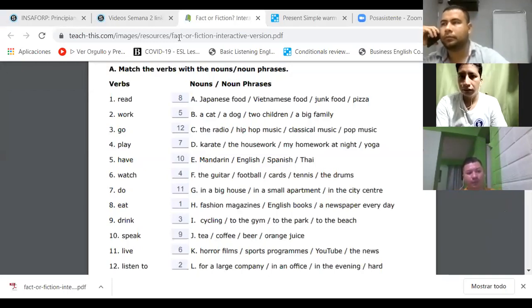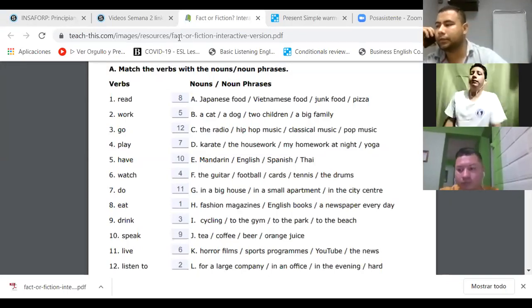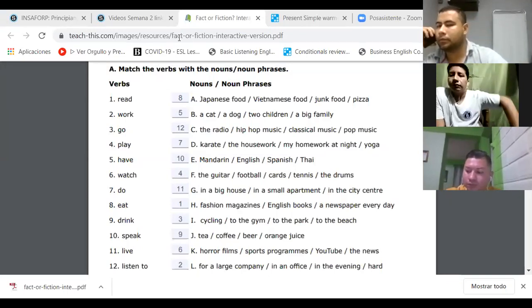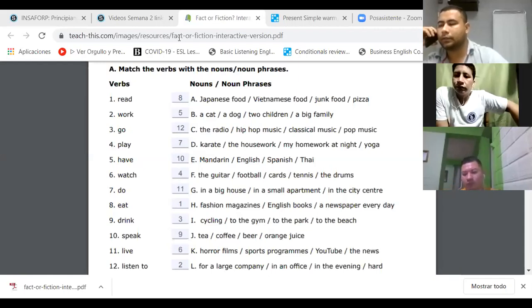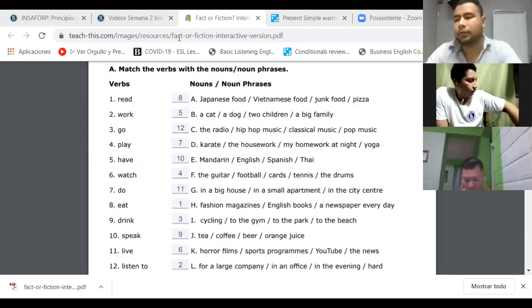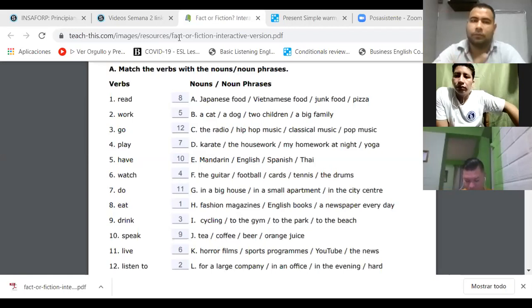One of your sentences must be false. So you're gonna write down 3 sentences: two sentences that are true and 1 sentence that is false.